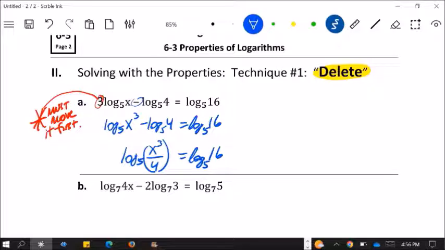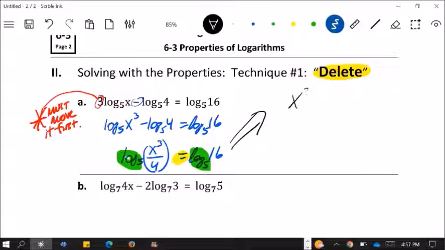Now, this is where essentially if these bases are the same with an equal sign and nothing else outside of the logs that are complicating it, that forces the parts inside to be equal to each other. X cubed over 4, x to the third, is equal to 16.